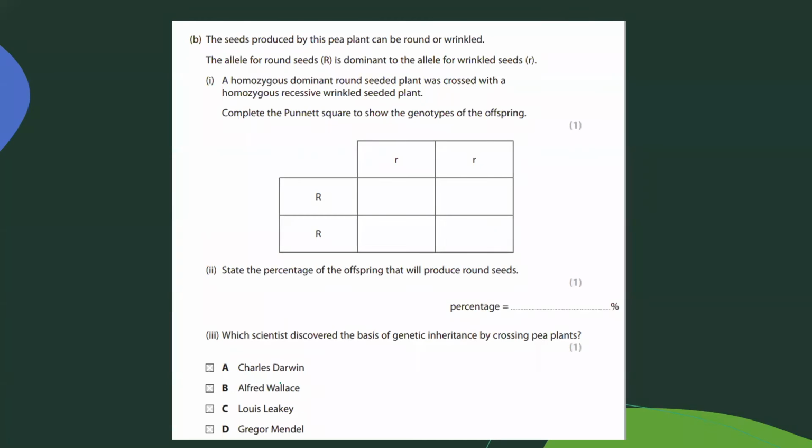The seeds produced by this pea plant can be round or wrinkled. This is another common question. The allele for round seeds is dominant to the allele for wrinkled seeds. A homozygous dominant round seeded plant was crossed with, that's a bit of a tongue twister, the homozygous, so 2 small r's, recessive wrinkled seeded plant.